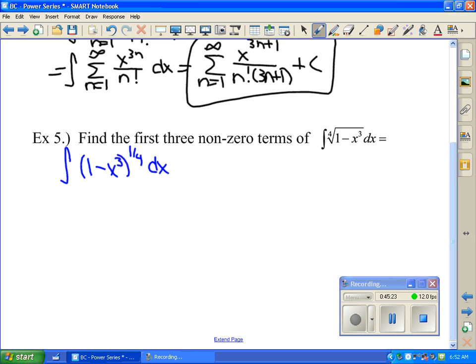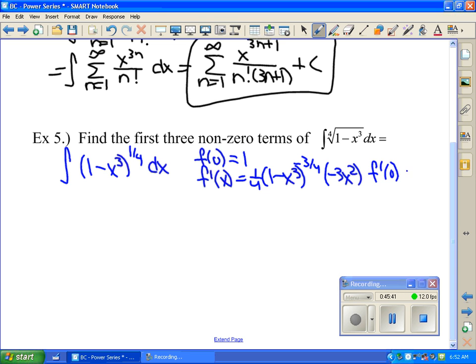Now, since I only want the first three non-zero terms of this, I could go through and find f of 0, which is 1, f prime of x, which is 1/4 times 1 minus x cubed to the negative 3/4 times negative 3x squared. So f prime of 0 would equal 0. And then f double prime, so on and so forth. But that's going to get really messy.